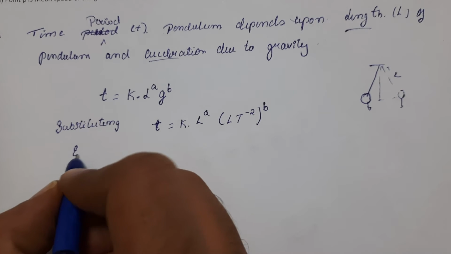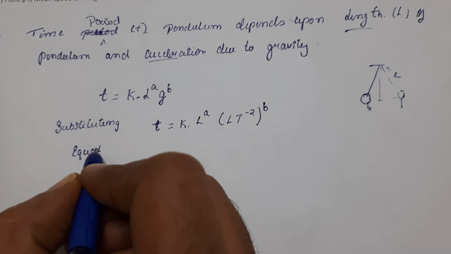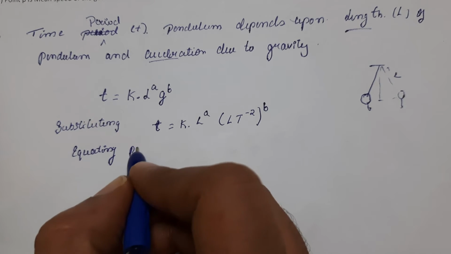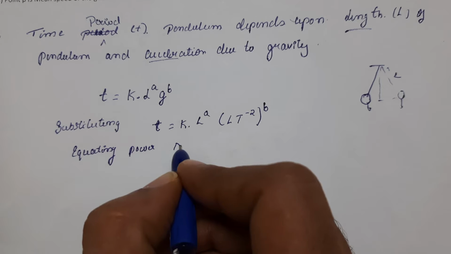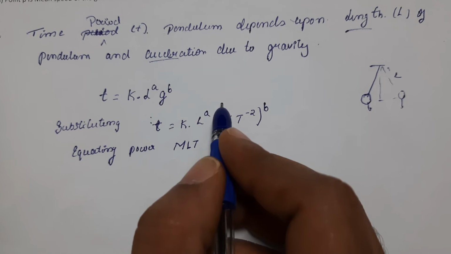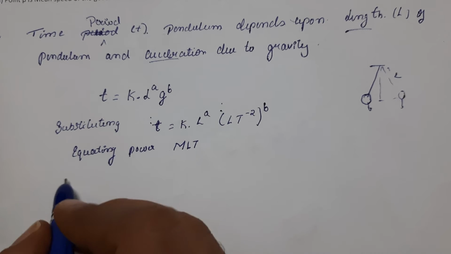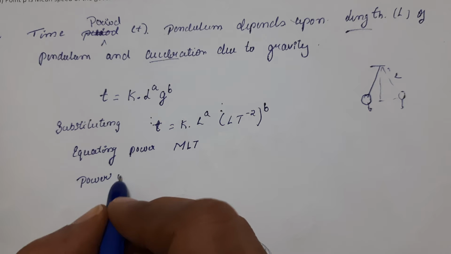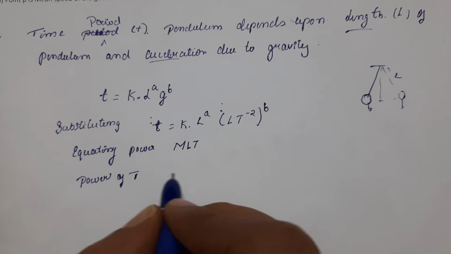Now let us equate the powers of M, L and T on both sides. So this is the left hand side and this is the right hand side. Let us equate the power. So let us take the power of T, the time.